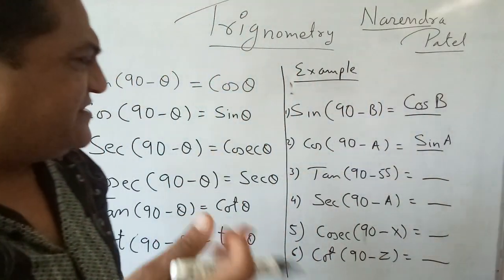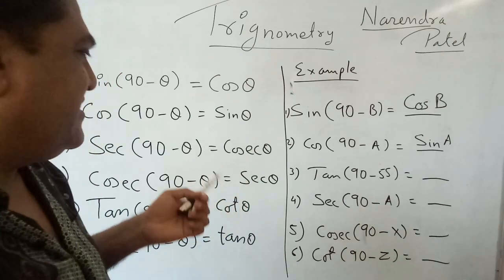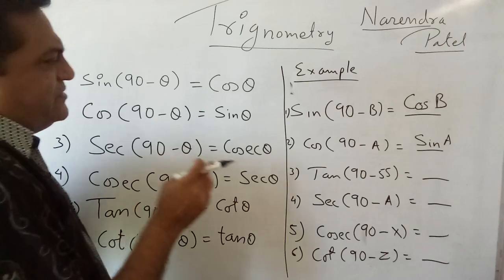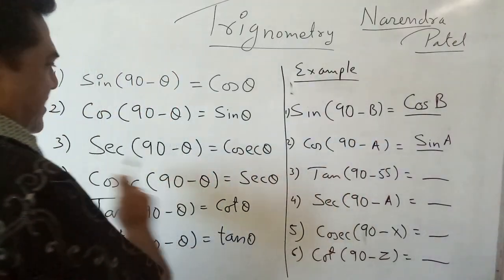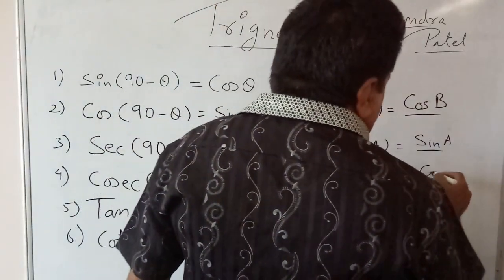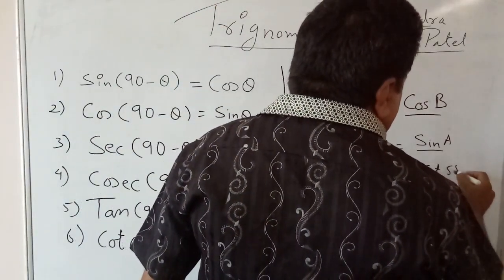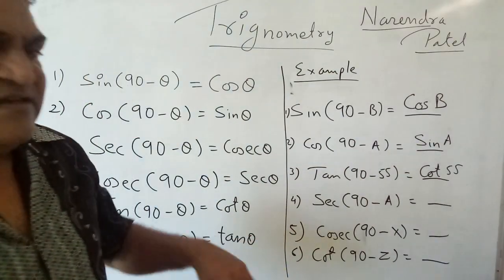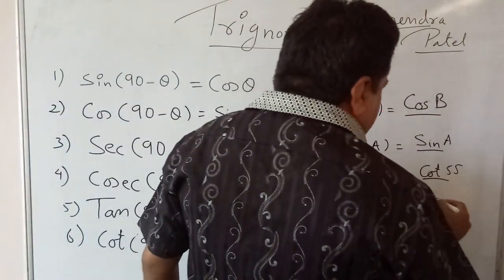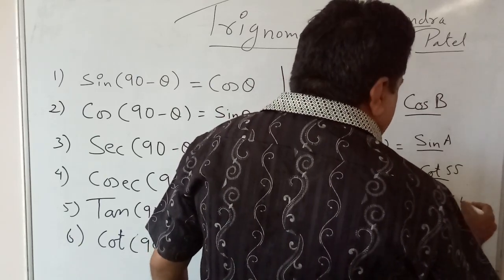Instead of a, b, c, d, any number can also be given to you, or any alphabet. You have to simply convert it. Third, tan can be converted into cot, so you will write cot 55. Sec is converted into cosec, so you will write cosec a.